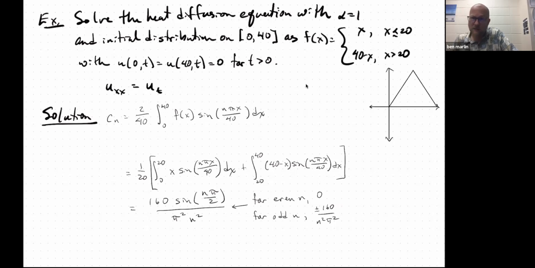In retrospect, I kind of wish I'd done things across 0 to 2 pi so as not to cause that sort of confusion here. But you're just going to take your f of x, multiply it by n times pi times your x, and then divide by 40. So whatever the length of your interval was, that goes down here, okay? So then we have to go ahead and integrate that.